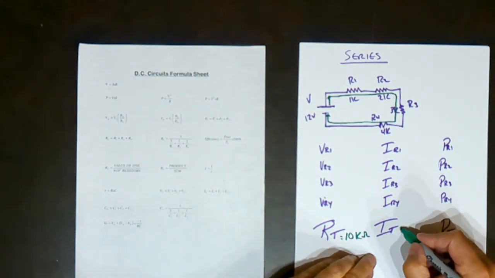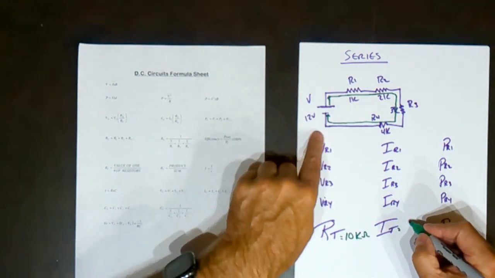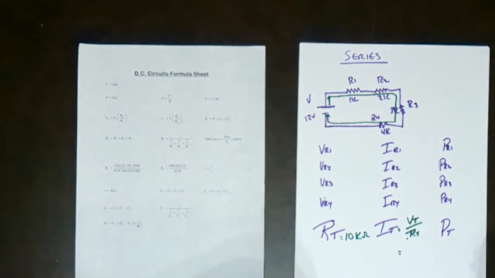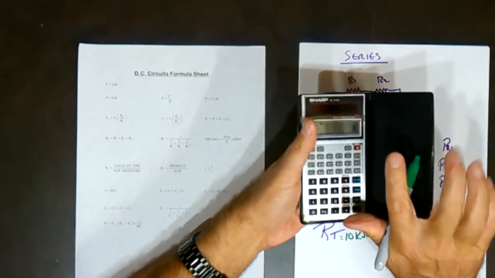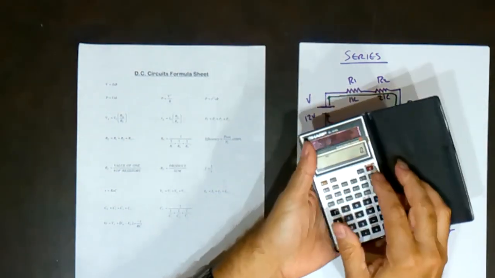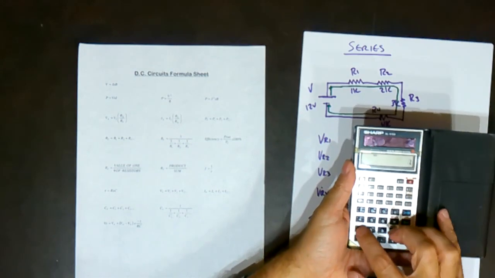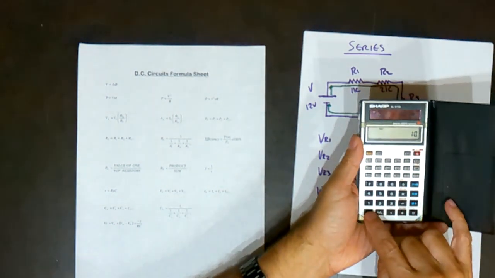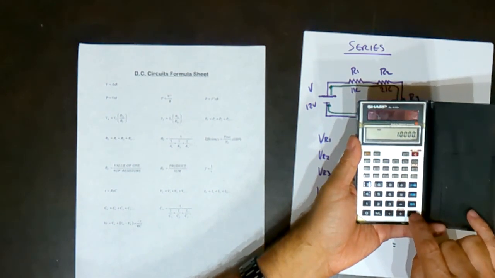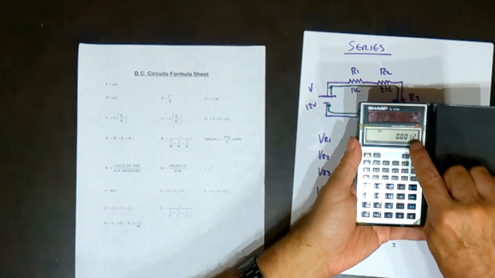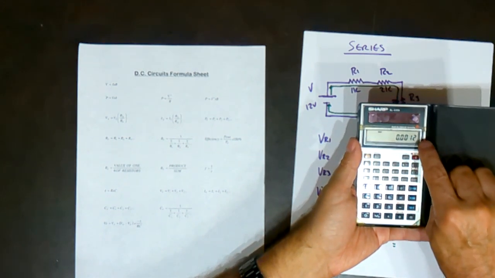So now we can use Ohm's law. Ohm's law says V total over R total is equal to I total. So we can take our calculator and say 12 volts divided by 10K, so that's 10,000 ohms, equals 0.0012 amps.